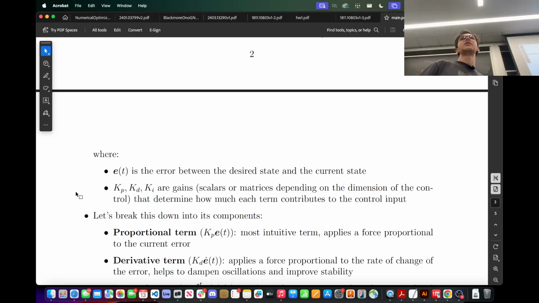that means your proportional term is probably doing a good job of getting you to where you want to be. Also, I should mention that Kp, Kd, and Ki, the way I've defined them, are all positive. So if your error is decreasing very quickly, you probably want to go down on force, because if you continued applying a very large force, you would probably overshoot the target and have to go back in the other direction.